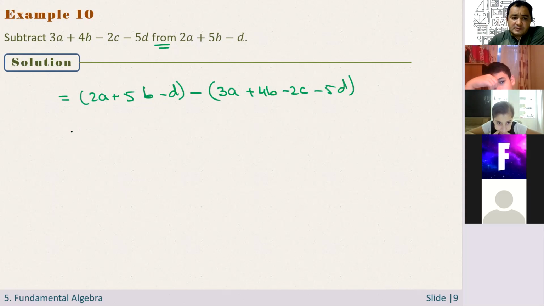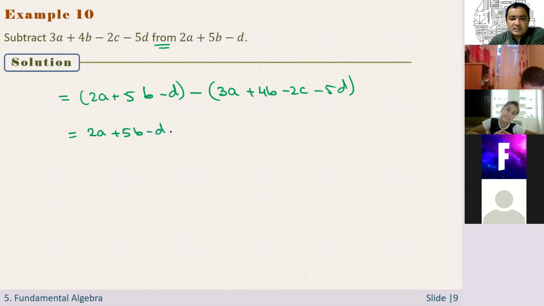Then we should simplify this. Sometimes, of course, if you have enough practice, you can do that without removing the brackets, but usually students may get confused. So let me just remove the brackets. Here we have 2A. In front of this parenthesis we have nothing: 2A plus 5B minus D. How about here? This minus means as if we have plus negative 1.